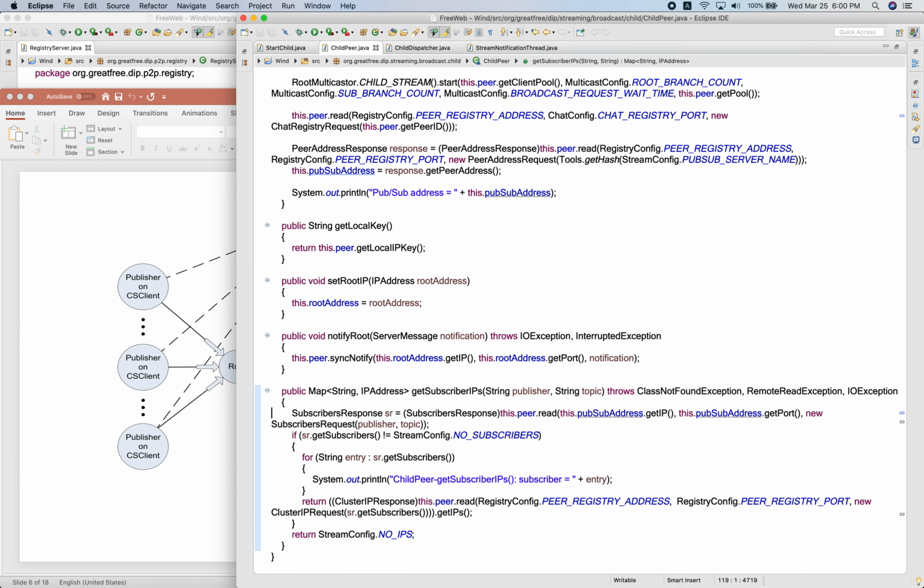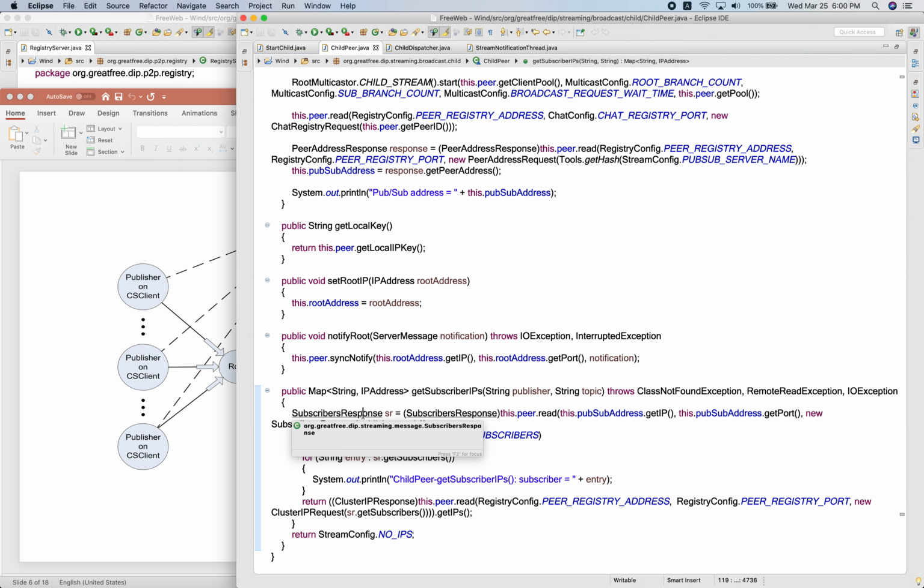Okay, so then they can get all the subscribers for one particular topic through the interaction between the child and the pub sub server. And then what else? The IP address is necessary.